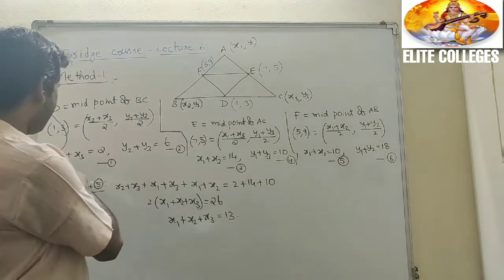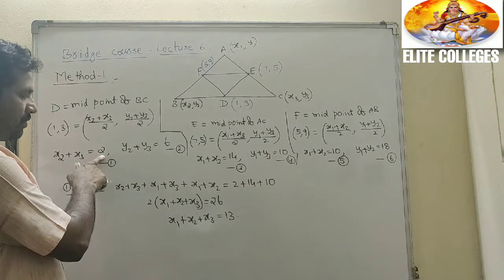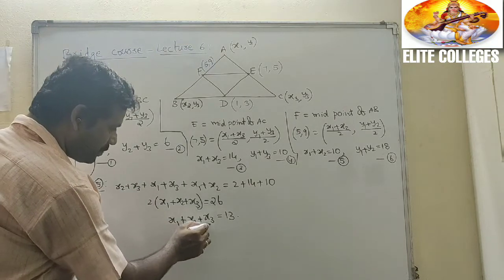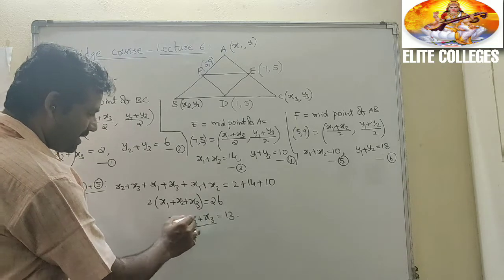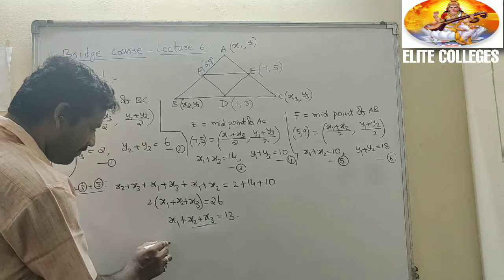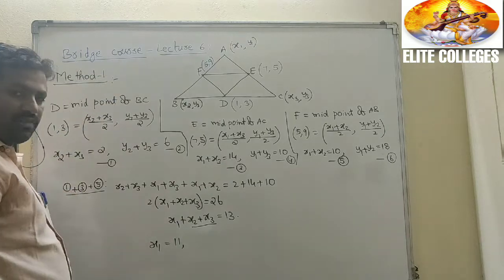Now see the first equation. x2 plus x3 equal to 2. Substitute here: x1 plus 2 equal to 13. x1 equal to 11.